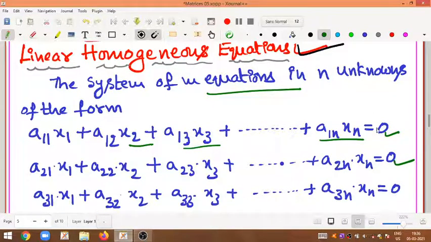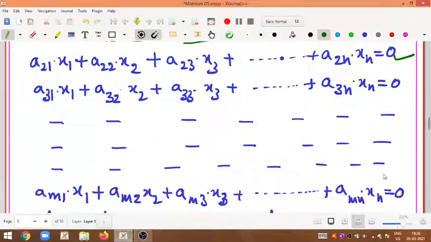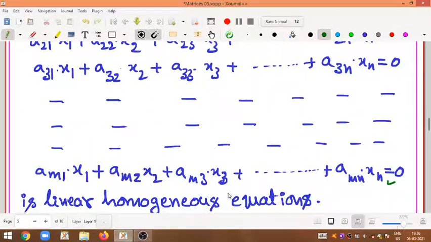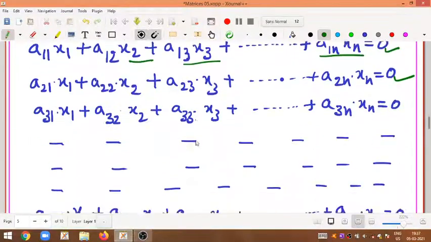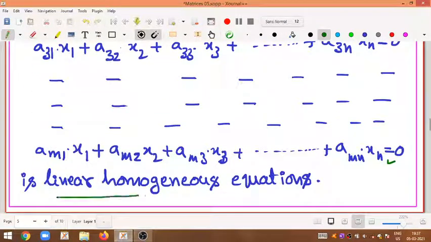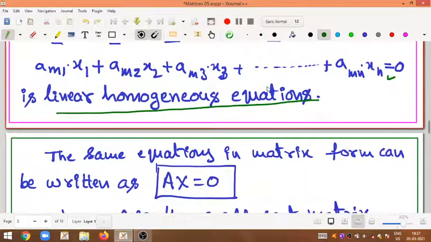That means d1, d2, d3, up to dn become 0. That is called a homogeneous equation, especially a linear homogeneous equation. I hope you all understood this one.